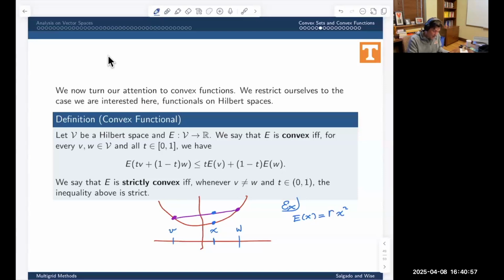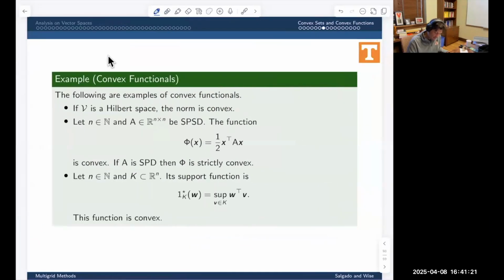In fact, I can make it quite general. I could say x minus k squared plus any constant, then that function is a generalized parabola, and that guy is also going to be strictly convex. And we have a couple more examples.